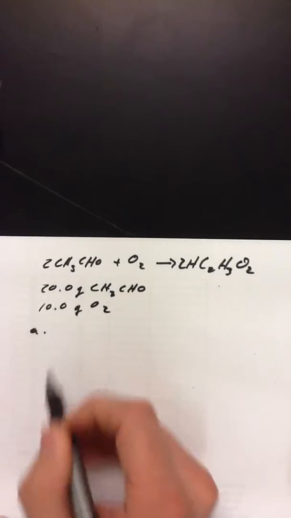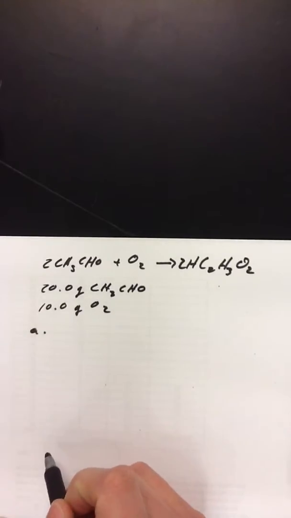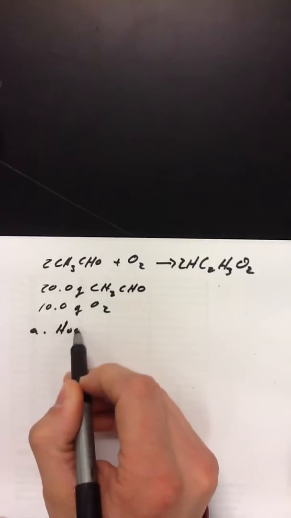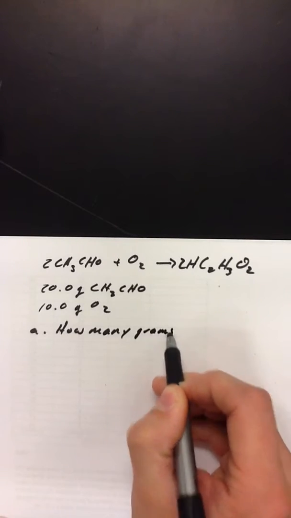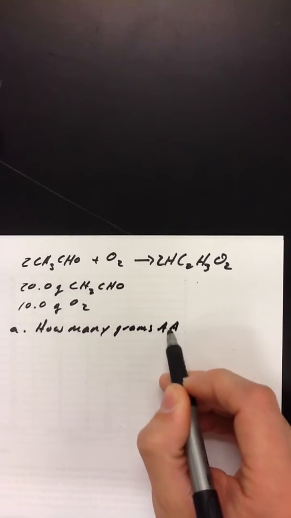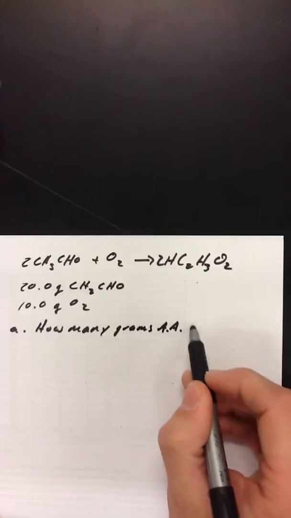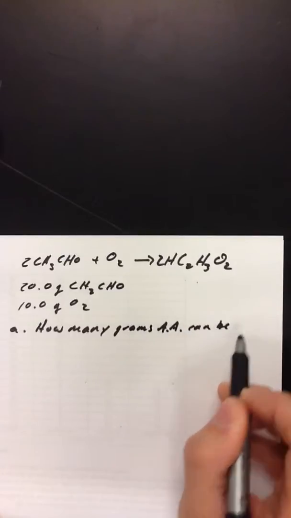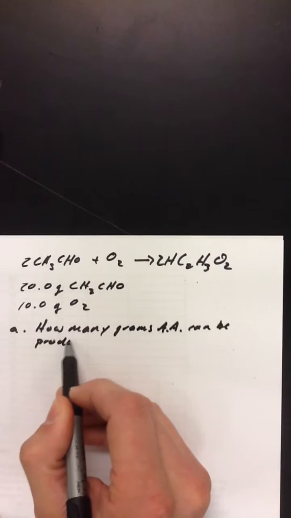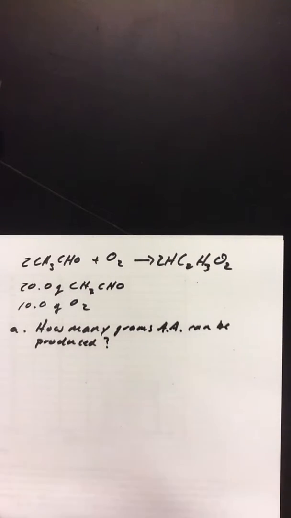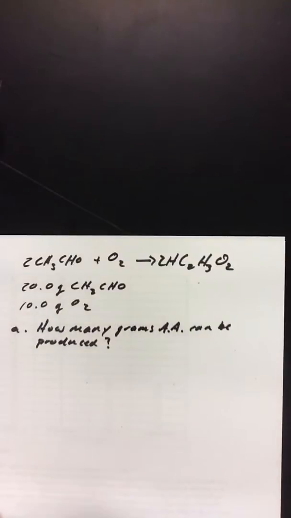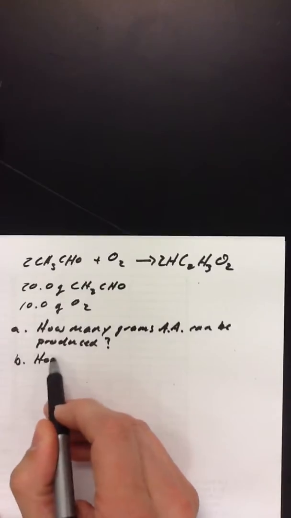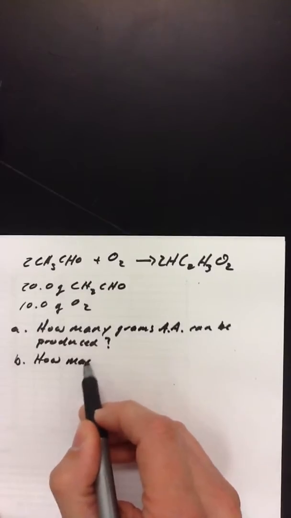A, how many grams of acetic acid can be produced, using 20 grams of acetaldehyde and 10 grams of oxygen? And secondly, how many grams of excess reagent remains?